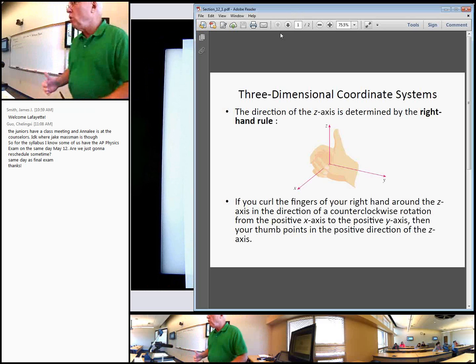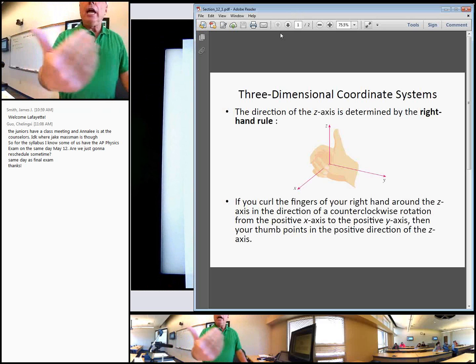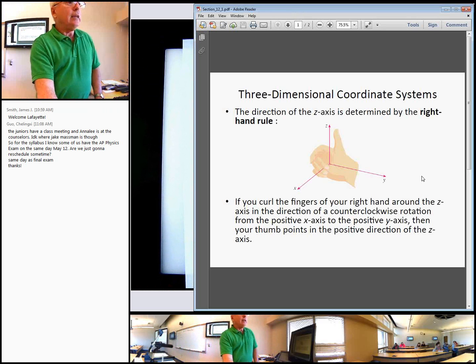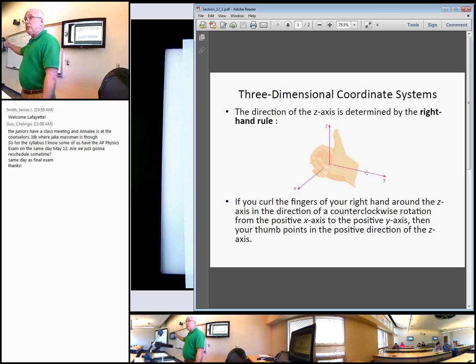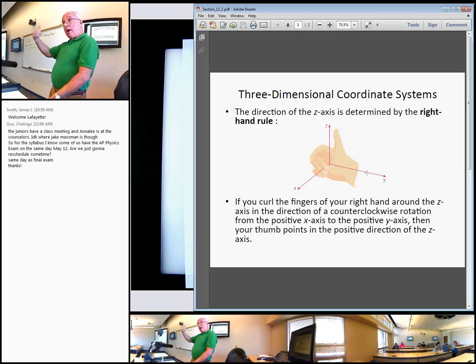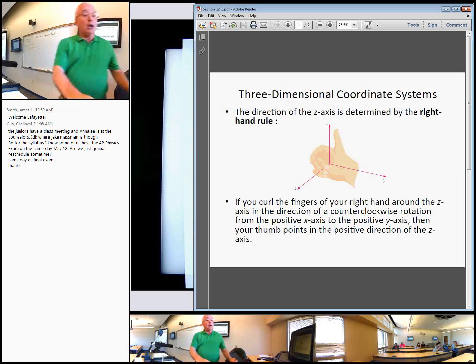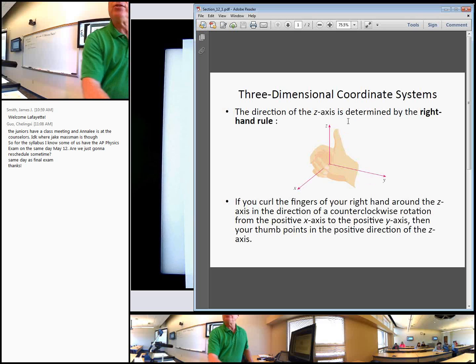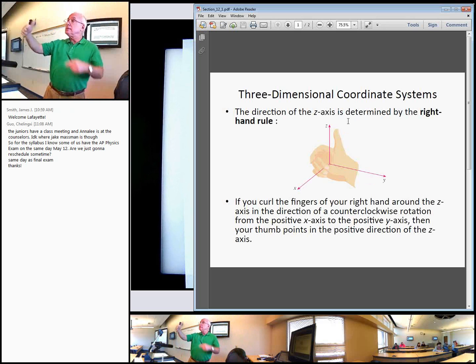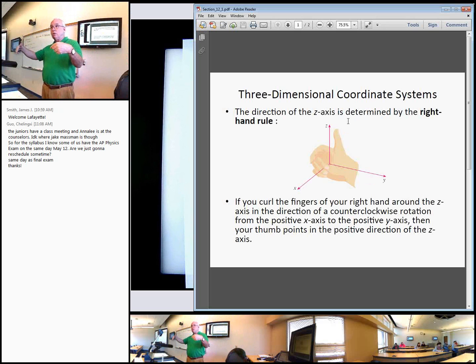Basically, if you take your right hand and you start curling it around the positive X-axis in the direction of the positive Y-axis, so like this, where this is the positive X, this is the positive Y, then the direction of the thumb upward is going to be the direction of the positive Z-axis. So that's called the right-hand rule, and that's what we'll be using with how the Z-axis is coordinated with the X and Y-axis. All right?